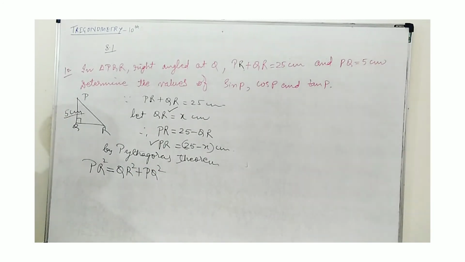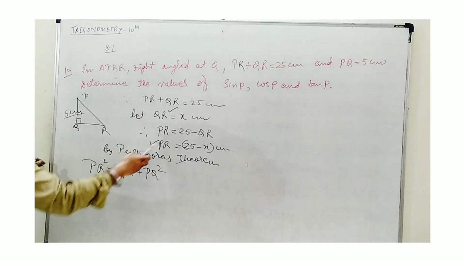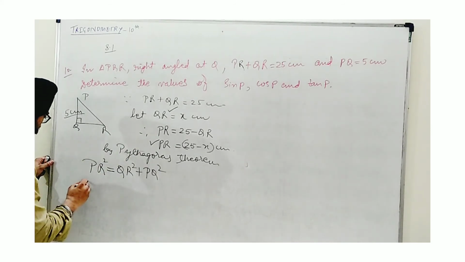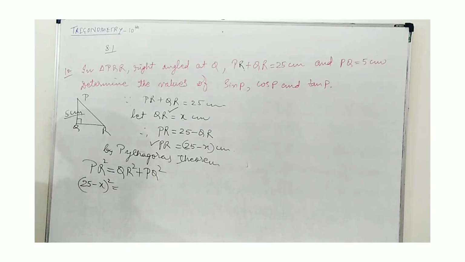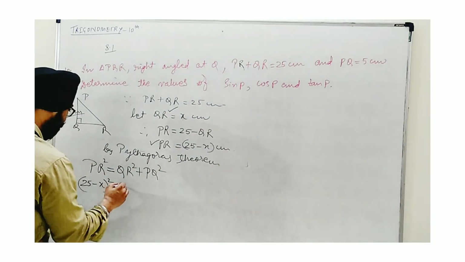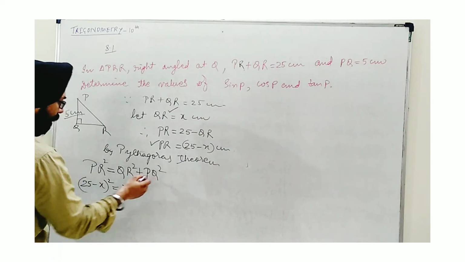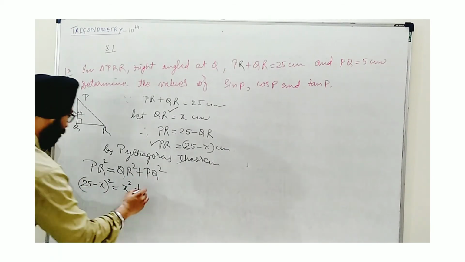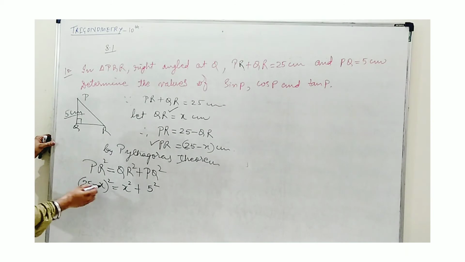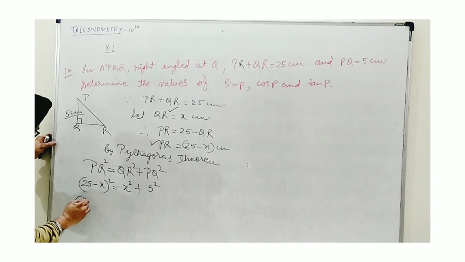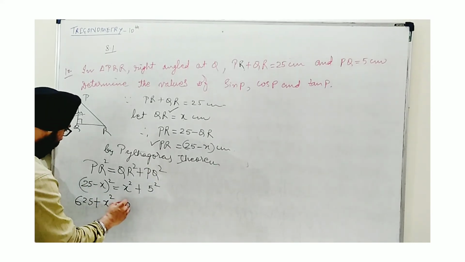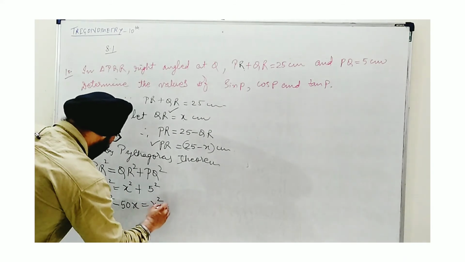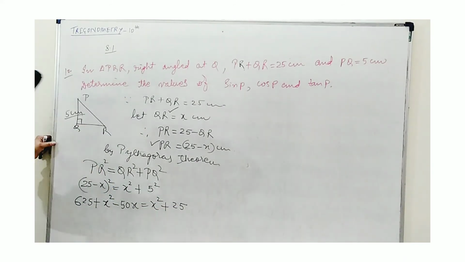Putting the values, PR we have obtained as 25 minus X, so we write its whole square, QR as X remaining as it is, plus PQ, given 5, so 5 square. Now expanding by (A minus B) whole square, we get A square, 625, plus B square, X square, minus 2AB, so minus 50X, equal to X square plus 5 square, 25.